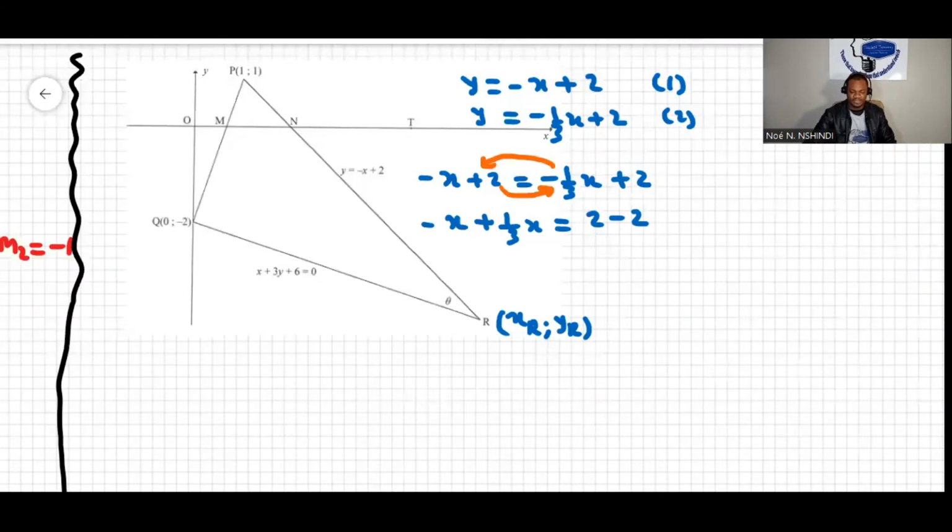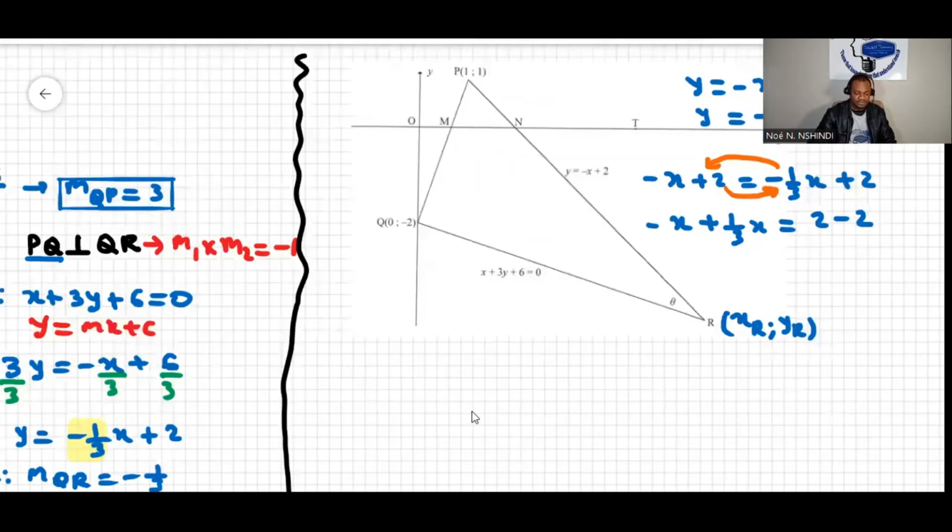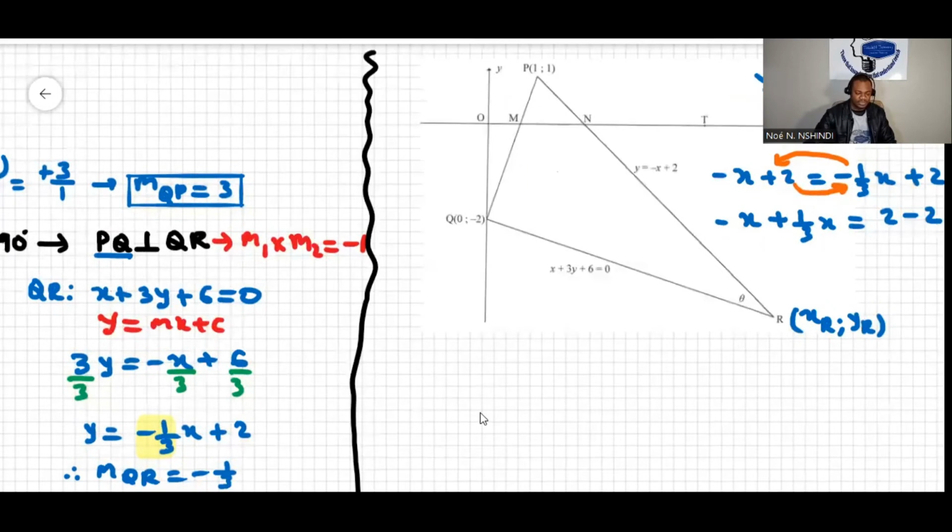Excuse me, I wrote this wrong. This is negative 2. Sorry, that was negative 2 there. I meant to write negative 6 here. So yes, negative 6 and negative 2. Correct.